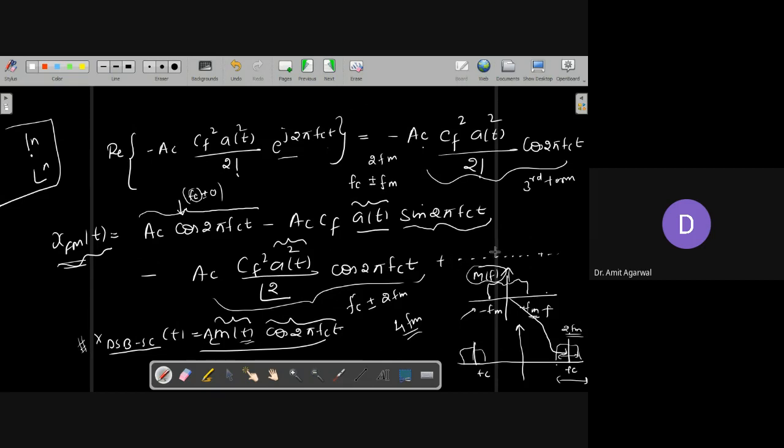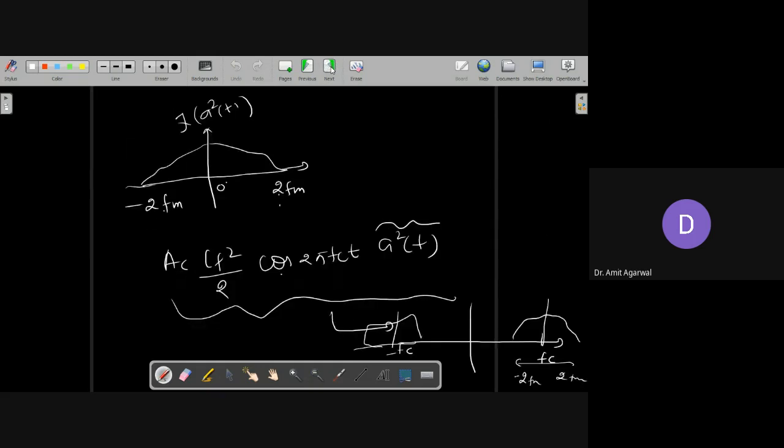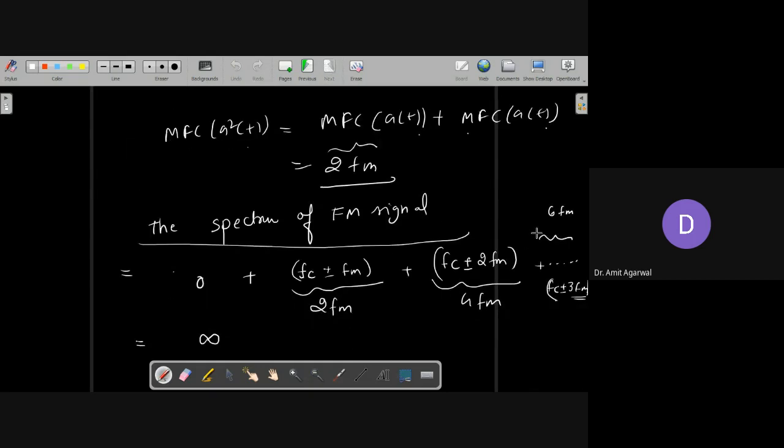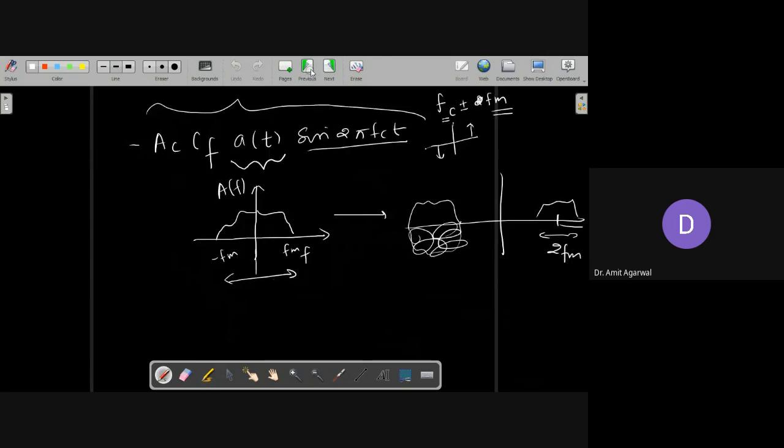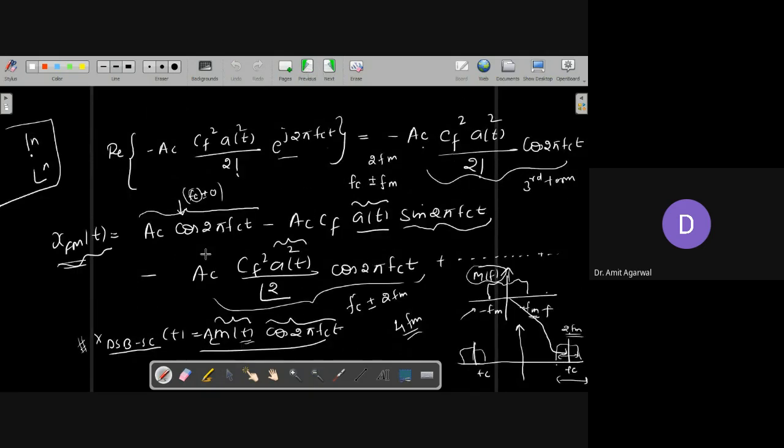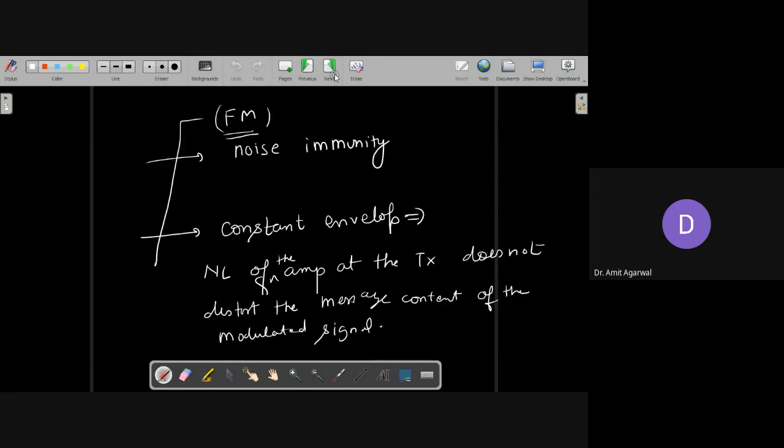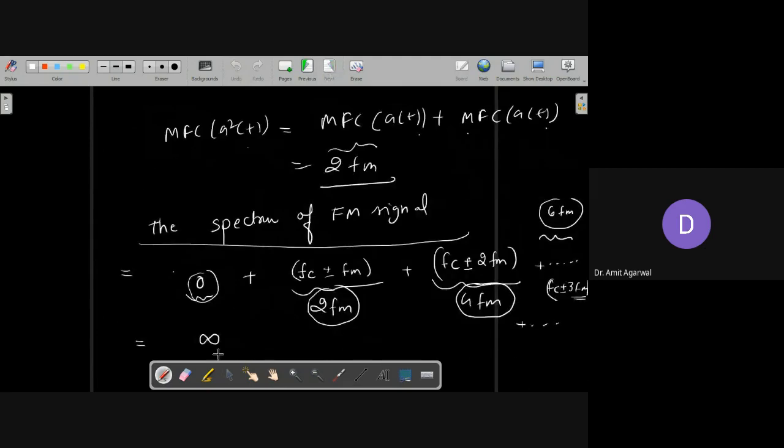Similarly, for the other terms, it will be 6Fm, etc. So using this logic, we can say the spectrum of the signal consists of first DC, the second term with a bandwidth of 2Fm, the third term with a bandwidth of 4Fm, then 6Fm and so on. Since the FM signal has infinite terms, the bandwidth of the FM signal will be infinite.